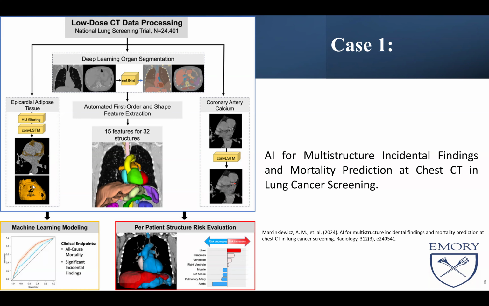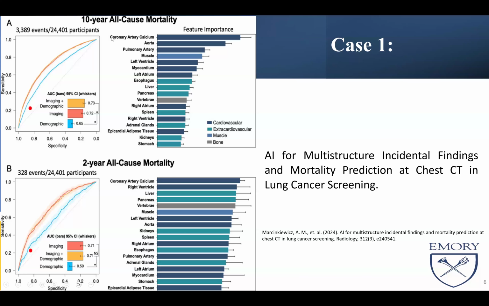The interesting thing about this finding is, if you look at this figure at the top, they predict 10 year all-cause mortality, and they got an AUC of 73%. Just imagine you have a model that can predict all-cause mortality with 73% accuracy.